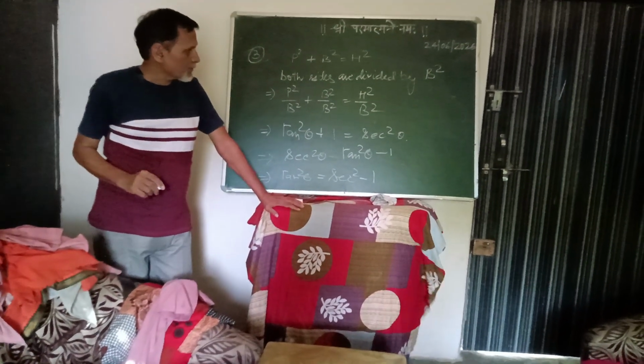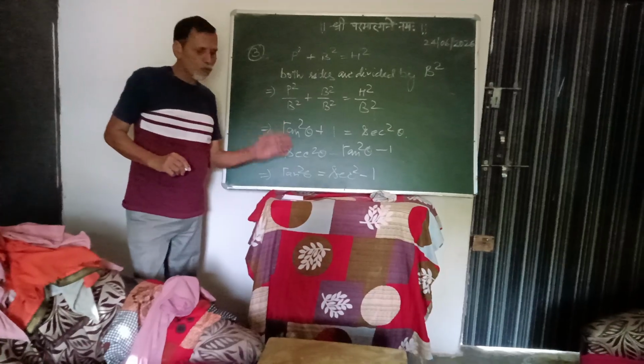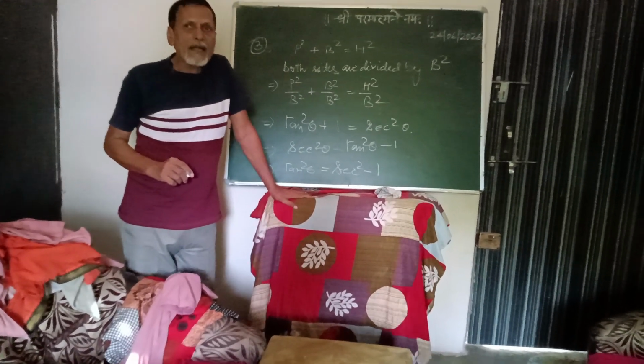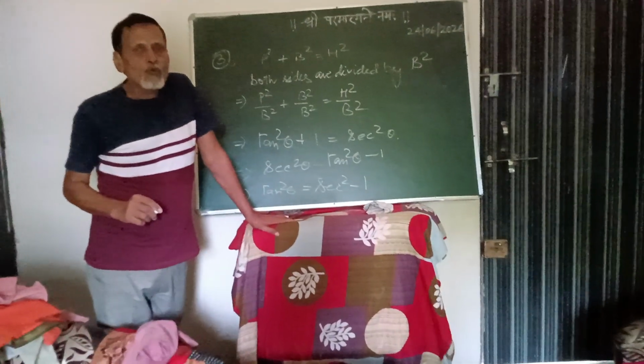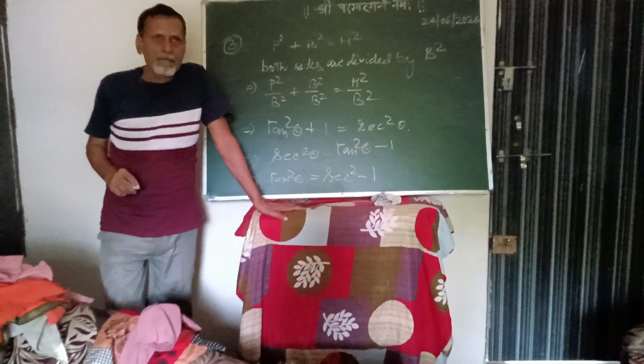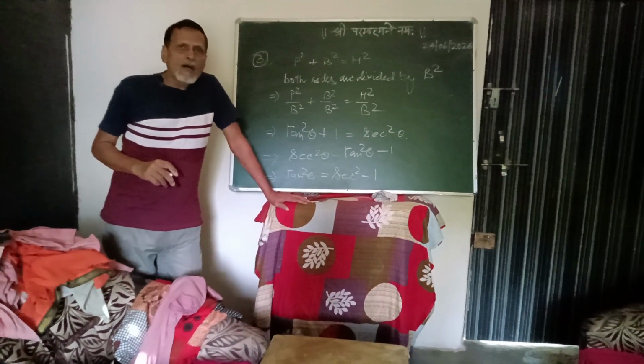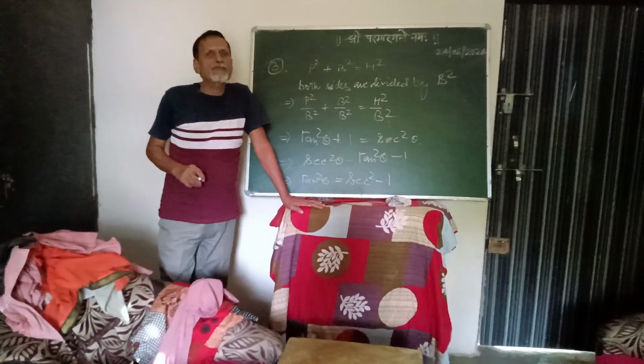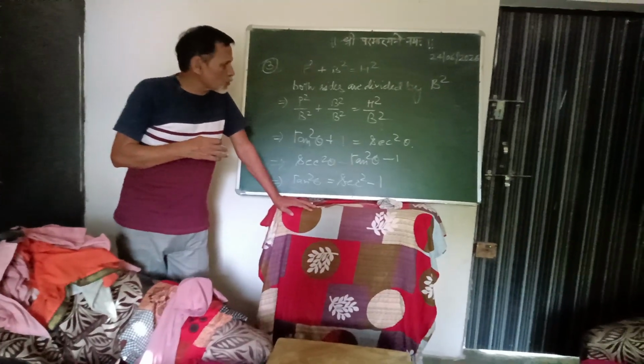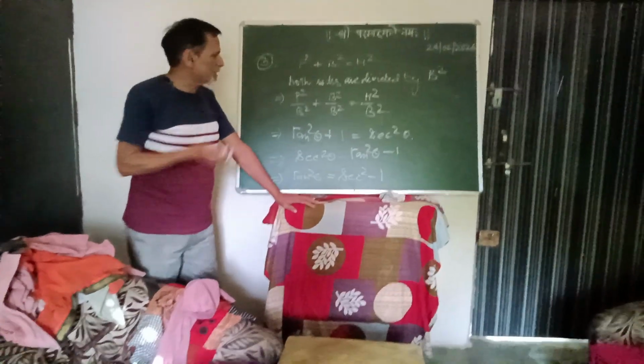After this, we shall discuss some hard identities, and I will try to cooperate with you if you have any difficulty. After completion of this, I'll try to do some sums of mensuration also, and some hard sums of identities.